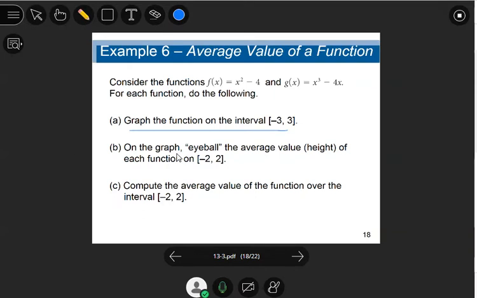On the graph, mark the average value of each function on -2 to 2. Here you need to make some approximation or guess what the average value will be. And finally it is asking to compute the average value of the function over the interval -2 to 2. So this is the length of the x-axis. This is crucial. It means after finding the area you need to divide the area by the length of this interval. Let's see it.